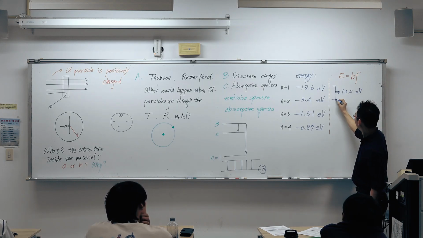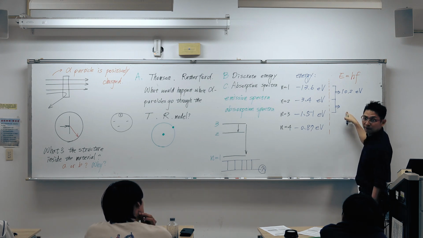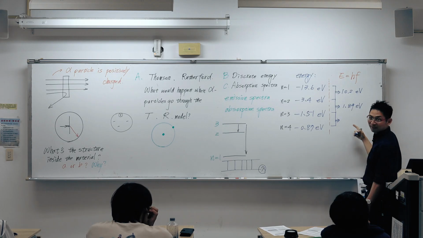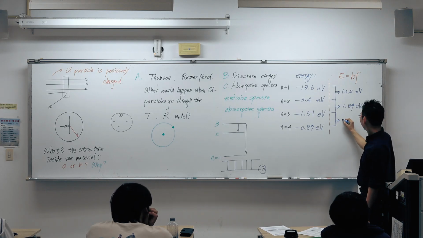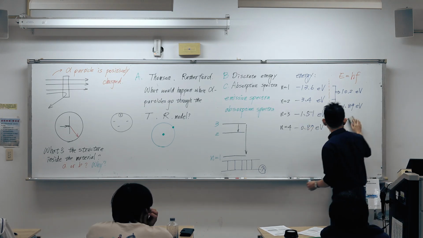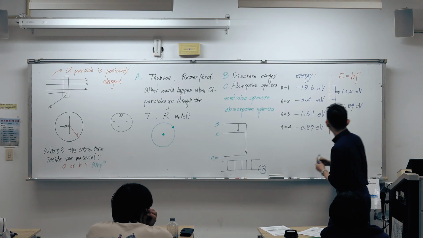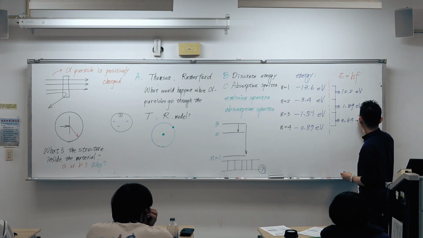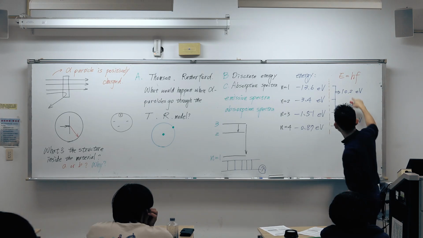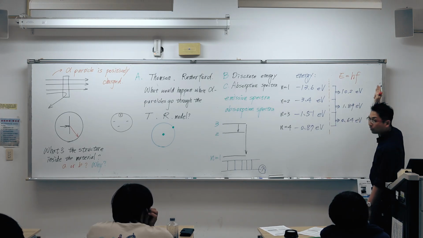Okay, so those two should be 0.64 electron volt. Okay, so you provide this or wavelength here.